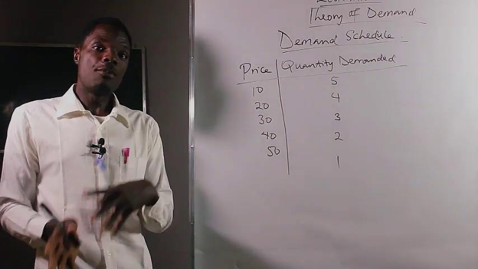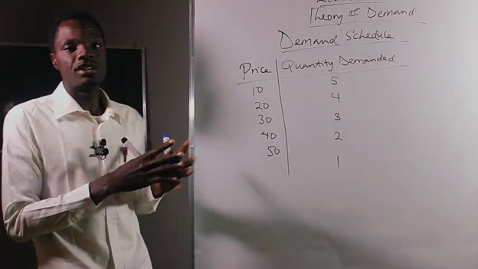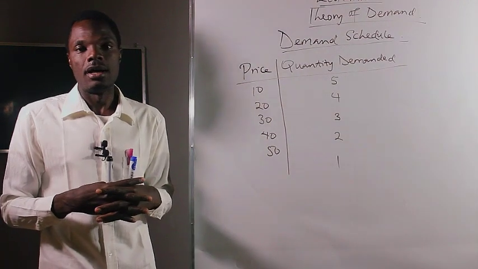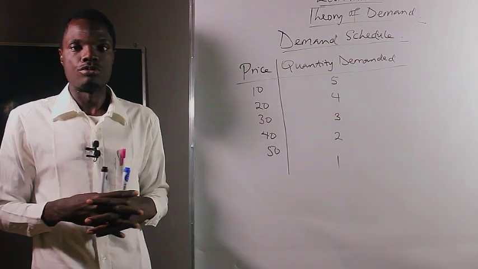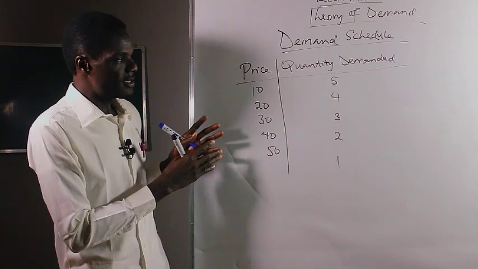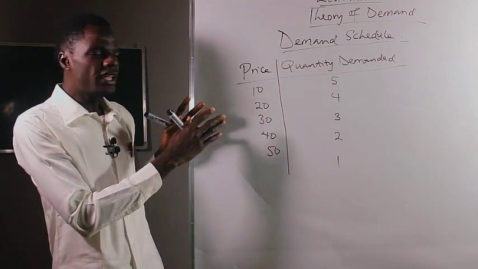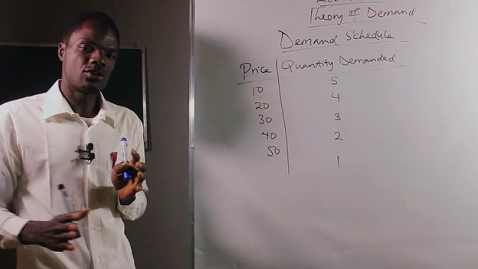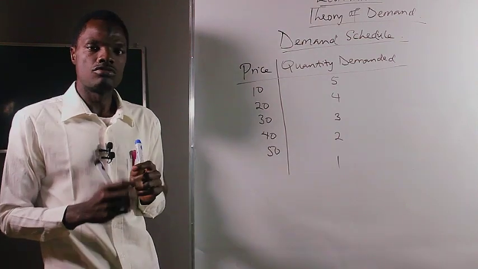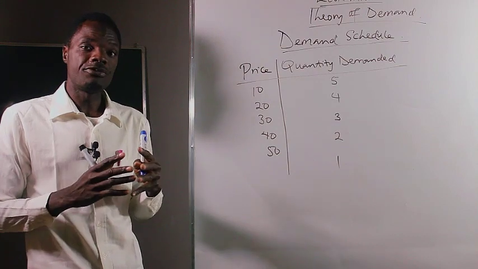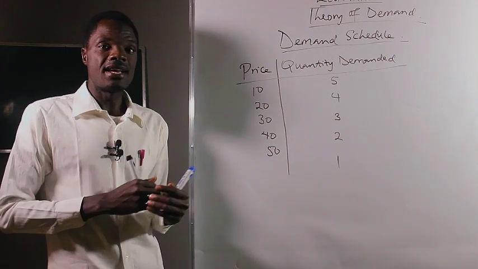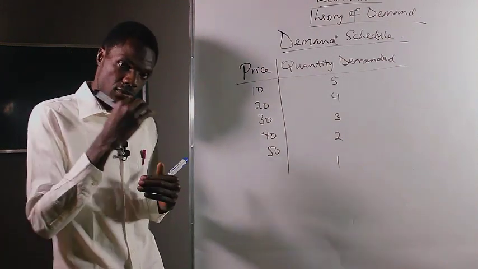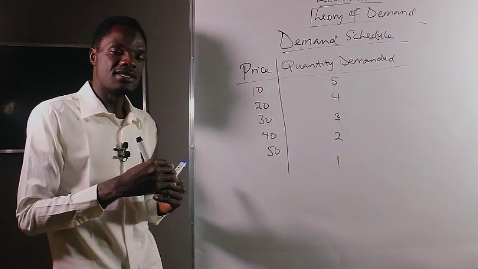But for abnormal goods, this situation is not found to be true. And what we mean by this is that we only take the relationship between the price and the quantity demanded, forgetting other factors that have relation to the quantity demanded. For example, if the good is detergent, there are other goods that have relation with this detergent.